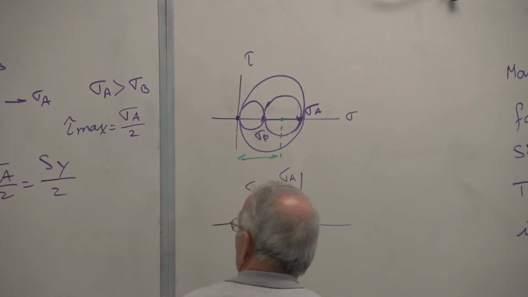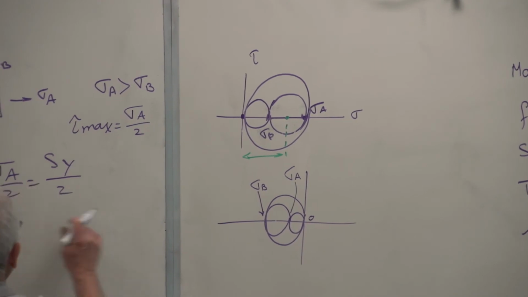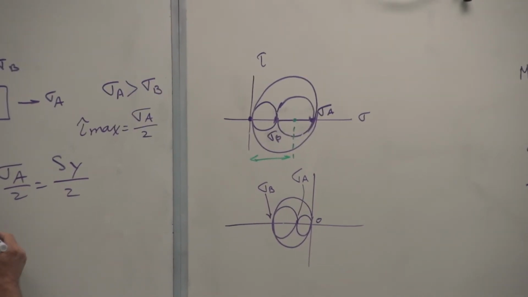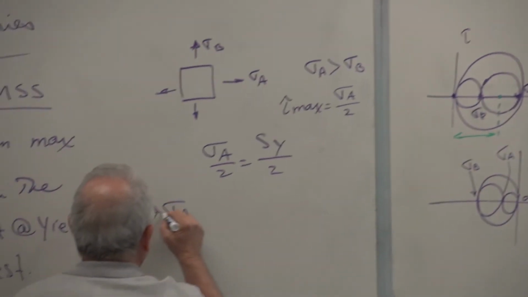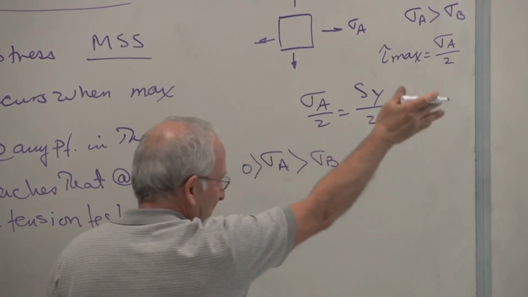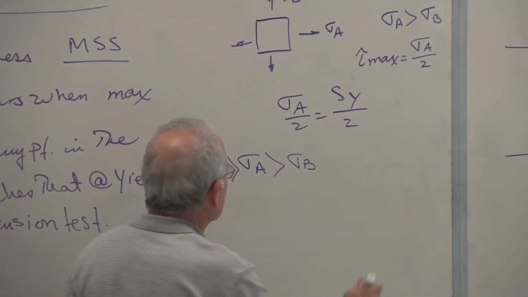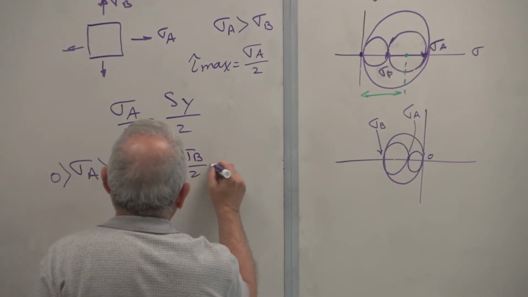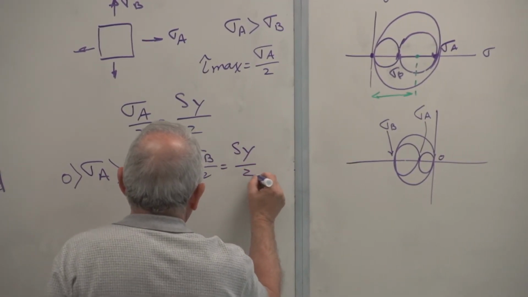Now, let's say for sigma A less than 0 but greater than sigma B, we'll get the same thing. In this case, sigma B over 2 is equal to Sy over 2.